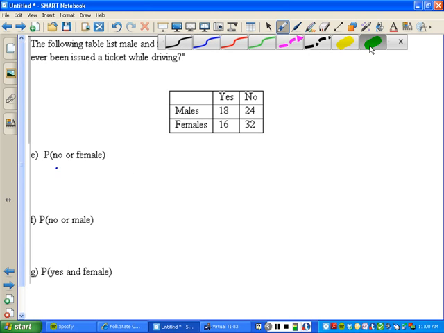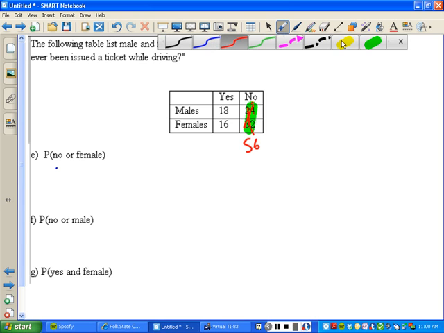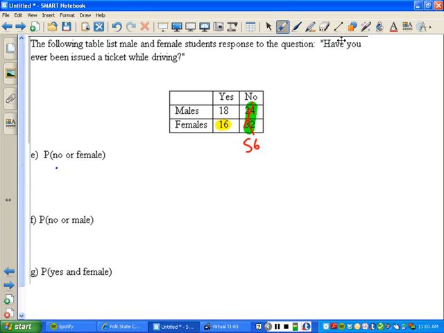How many people said no? That's 56. Now, if it's not one of those 56, who else could it be? It could also be these 16 here. So 56 plus 16 is 72. So this is 72 over 90.